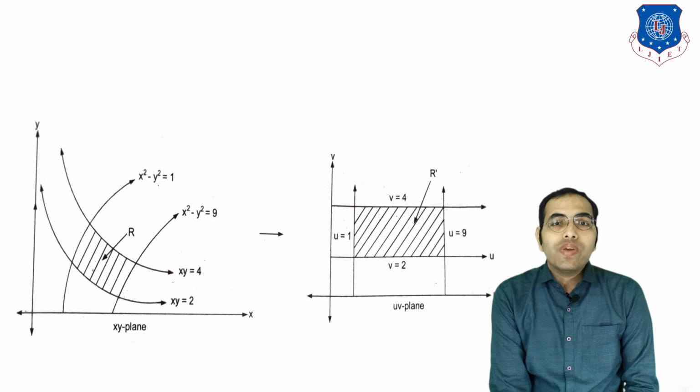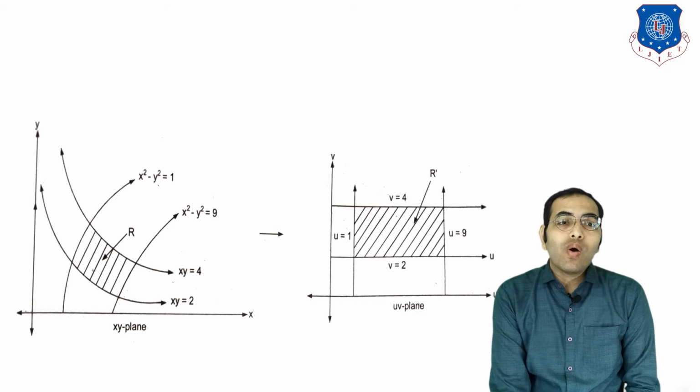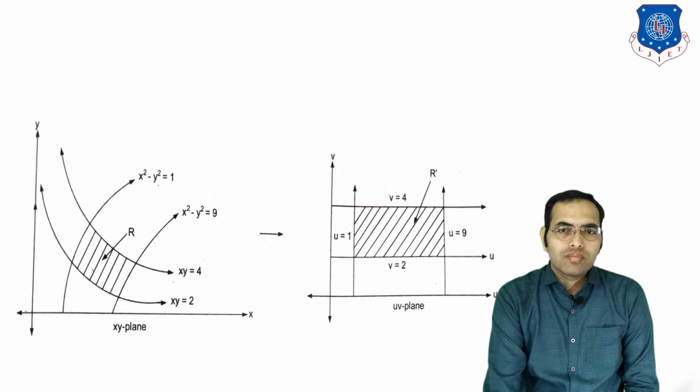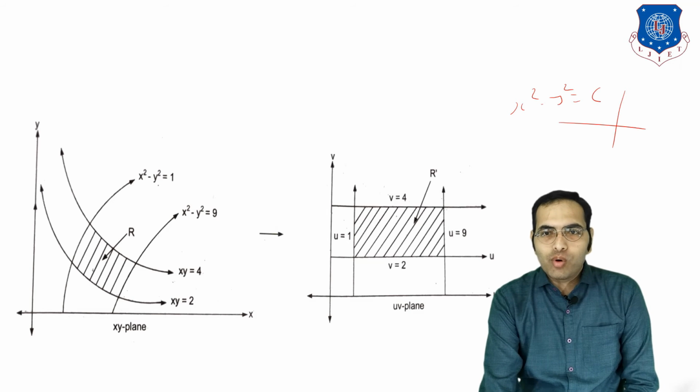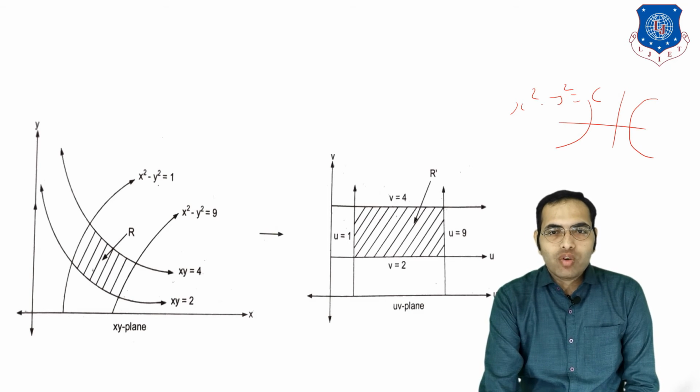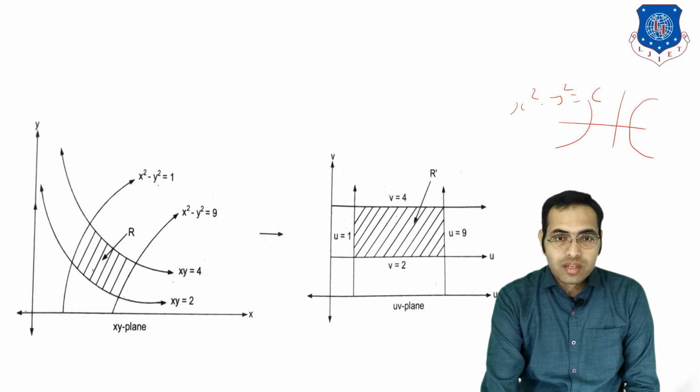Here we have the equations x square minus y square equal to 1, xy equal to 2, xy equal to 4 and x square minus y square equal to 9. These all are the equations of hyperbolas. Here x square minus y square equal to constant is the shape of a hyperbola which is like this, and xy equal to constant is also a hyperbola, in opposite quadrants, like this.